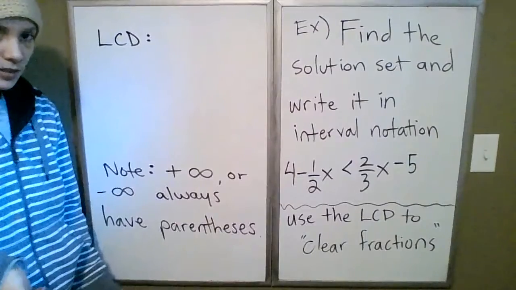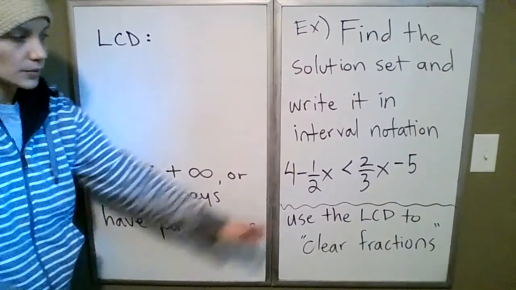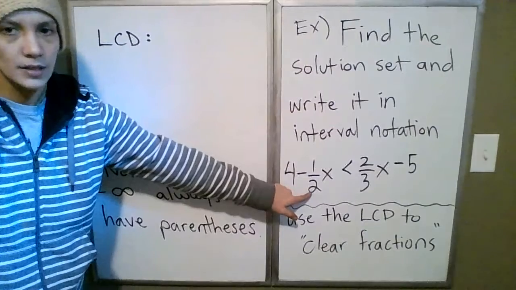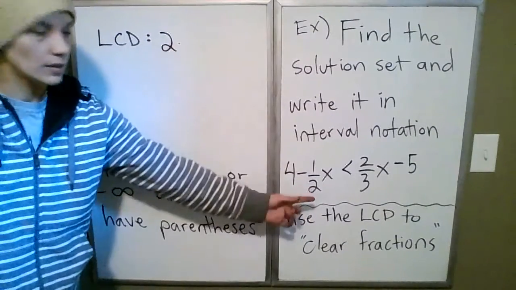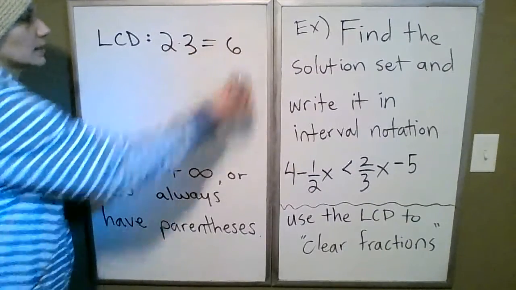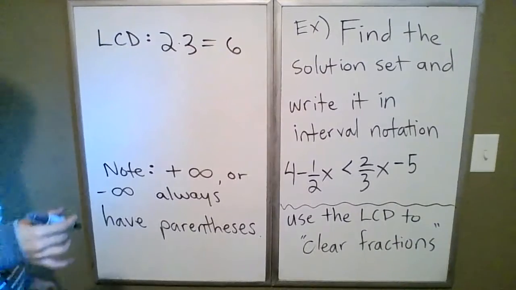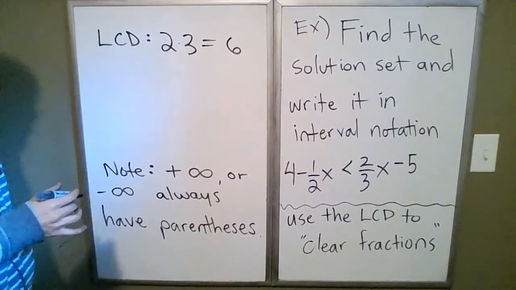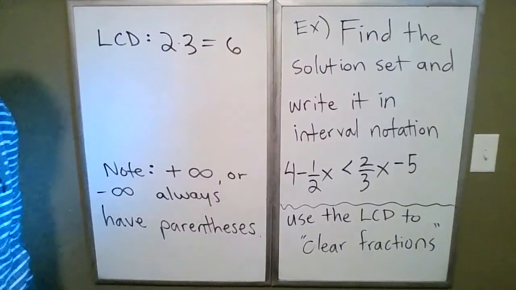You check out all of your denominators and find the most of any of the factors. One of your factors is 2. There's only one 2. Same for 3. There's just one 3. So multiply these together and get 6. Multiply both sides of your inequality by 6.